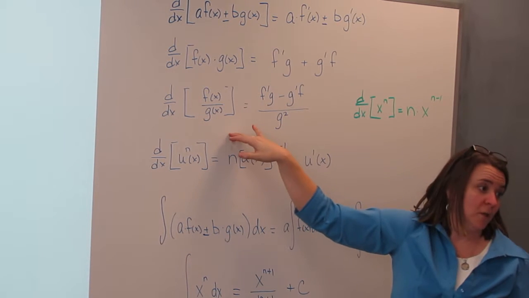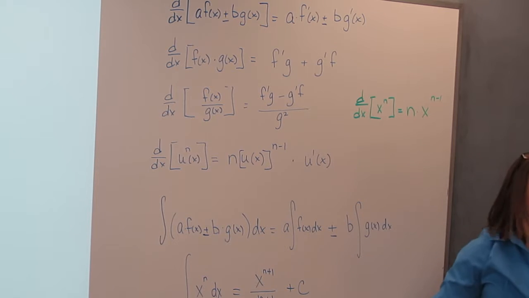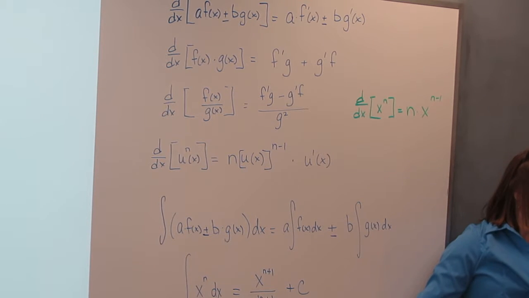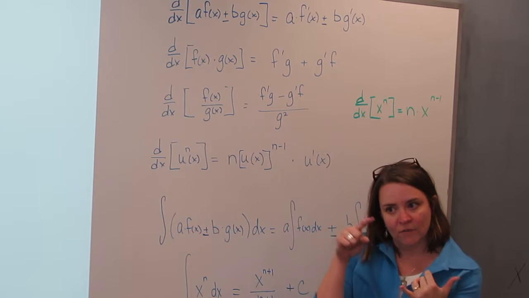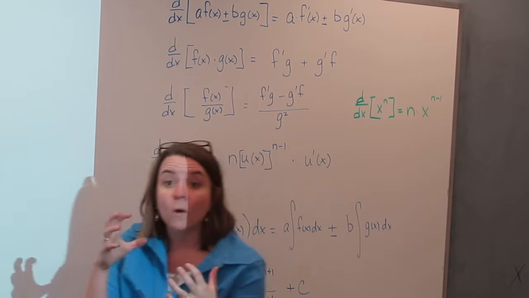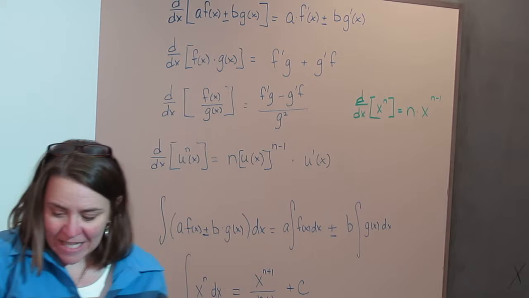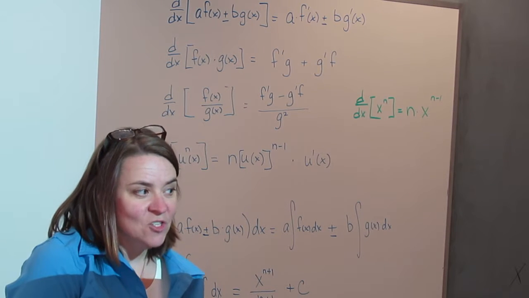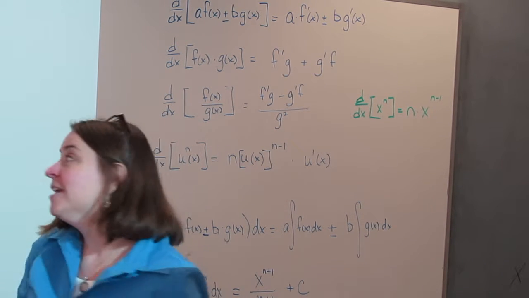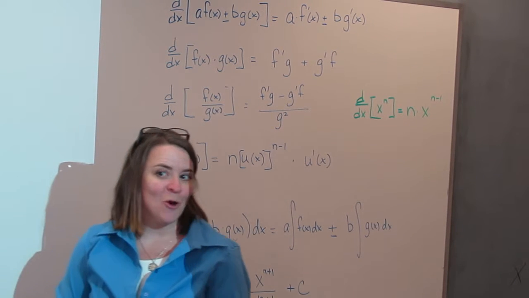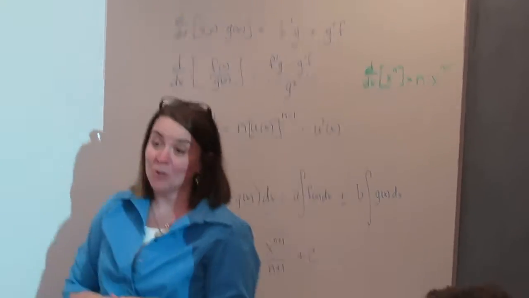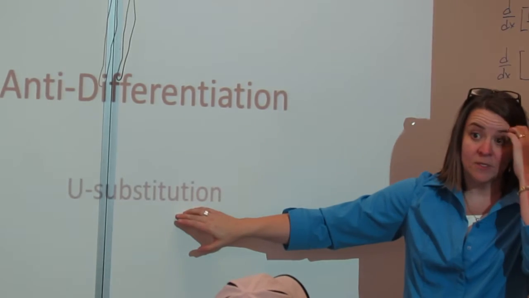We have a product rule and a quotient rule for derivatives, but there is no product rule nor a quotient rule for antiderivatives. So if we run into quotients or products, we either have to rewrite them or we have to recognize that they are the result of chain rule. Here's where we're going to have hope today. If we spy a product in the integrand that's the result of chain rule, we're going to be able to use a technique called u substitution.